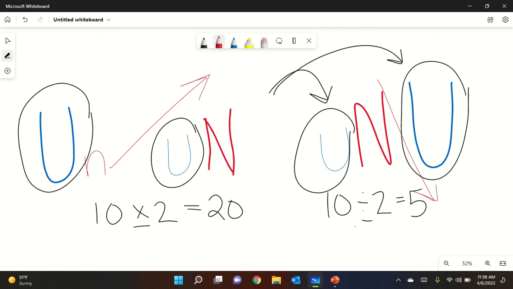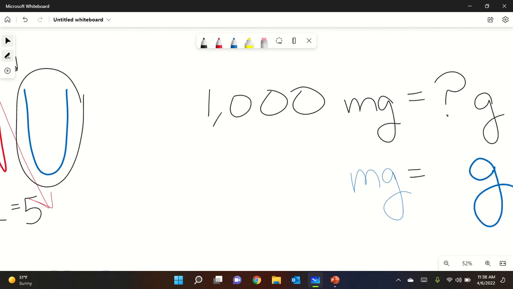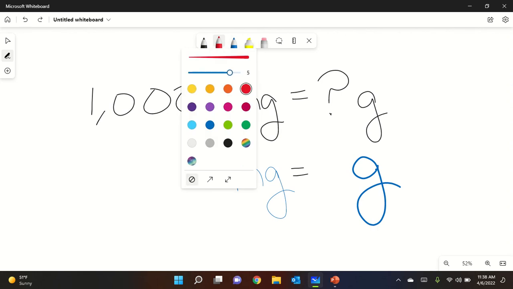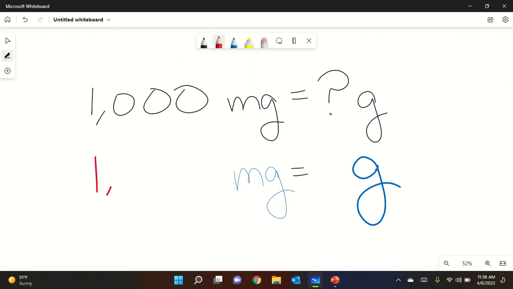We already decided that when you go from a small to a large unit, you divide. And so if this number right here must get smaller, then it's clearly already the bigger number. So we're going to write this in our thick font here. So 1,000 milligrams is equal to how many grams?